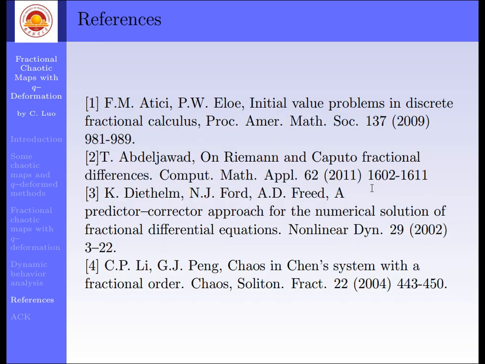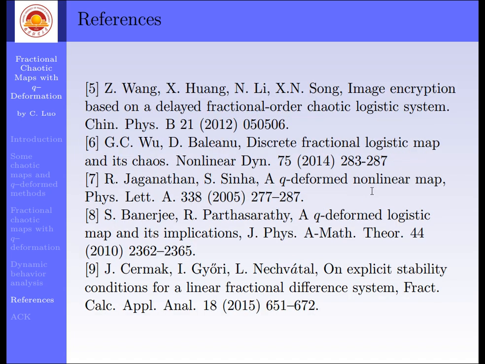In this study, we use a q-deformation method in fractional chaotic maps due to the generalized kernel function, and the new chaotic maps with the q parameter hold the memory effect and exhibit chaotic motion.